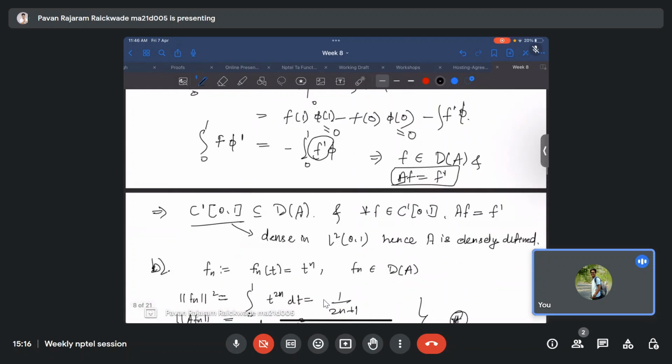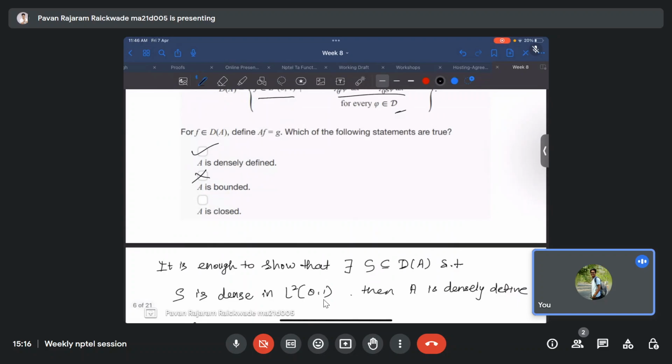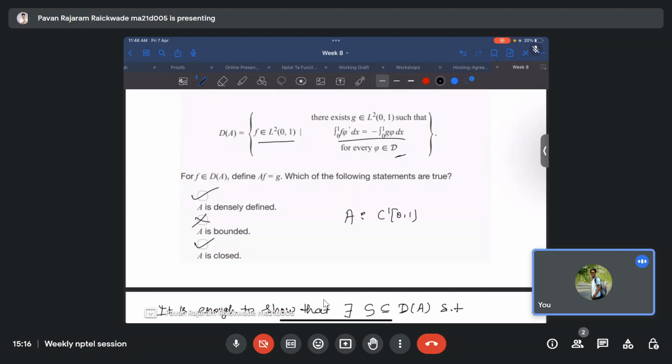Okay, so this question number 2 was done. A is a closed operator. You can relate this operator to the differentiation operator from C1[0,1] to C[0,1]. It's not the same, but you can relate it for the intuition. Here also the operator A is not bounded.